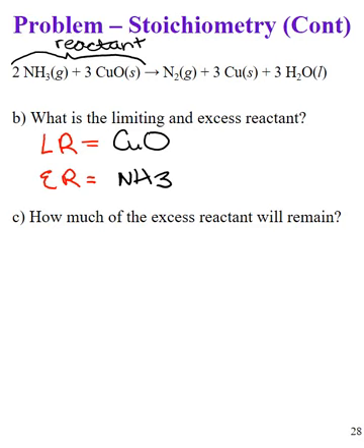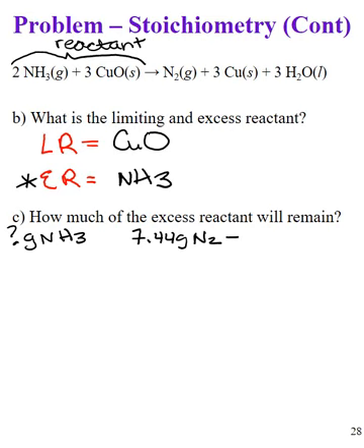Okay, and then we're going to throw in a curveball here and ask how much of the excess reactant will remain. So we have to figure out how much NH3 will remain. So how many grams of NH3 will remain? Well, we know from the previous problem that if all of the NH3 got converted, it would be 7.44 grams of N2.